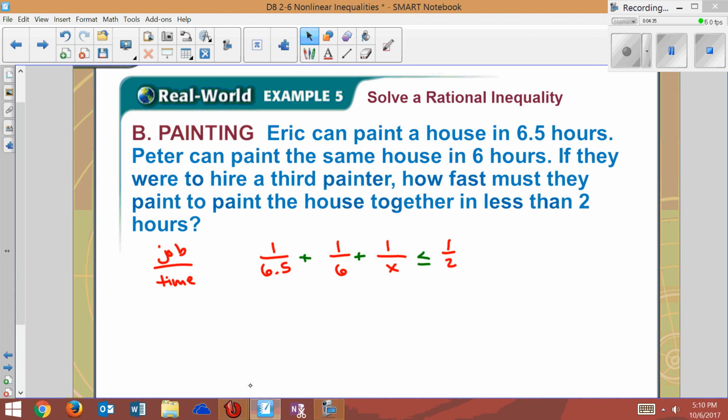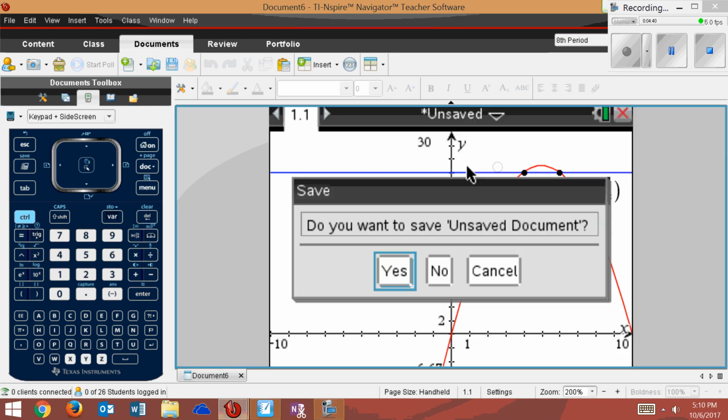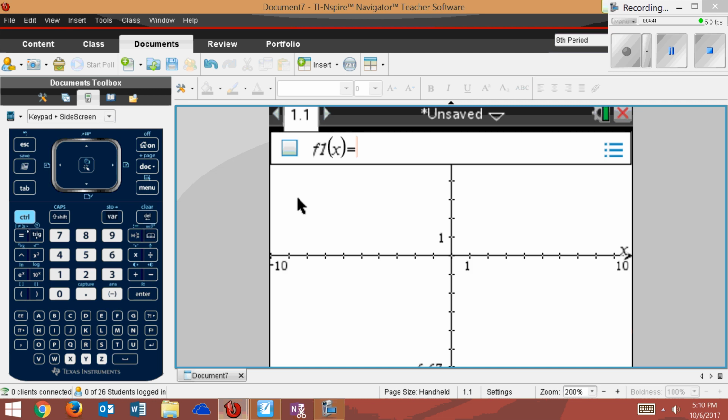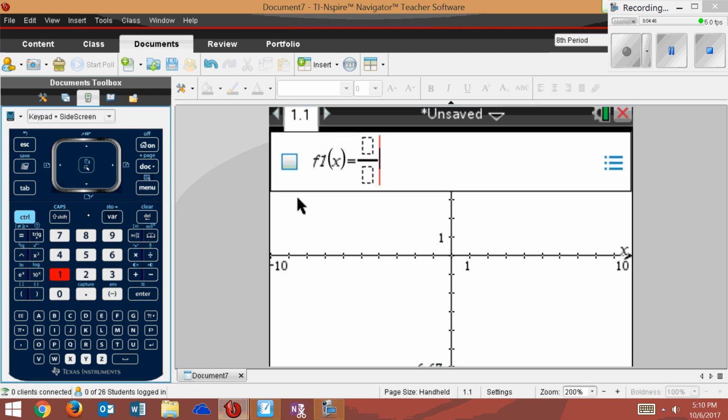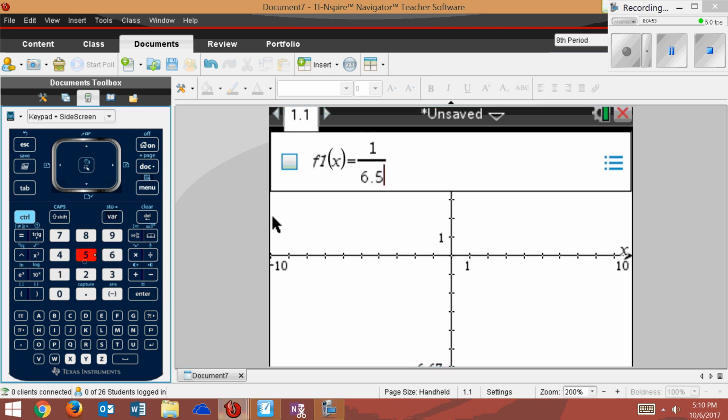So now we just graph these and look at our solutions here. So go new document, graph, and I'll have the left side equation, which is 1 over 6.5. And then we're going to add that to 1 over 6 hours. And then the other one is going to be 1 over some unknown amount of time.